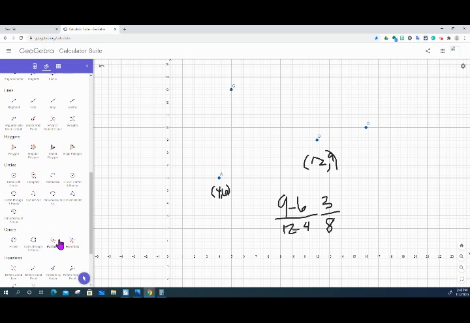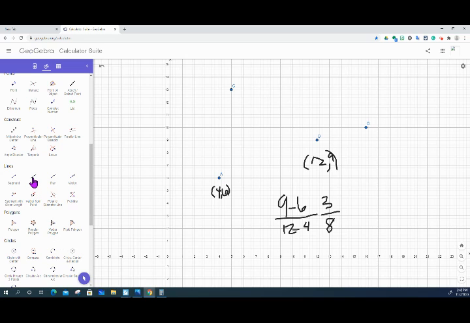Now we'll go ahead and draw that line. And if we were to extend it out this way, we would see that it's not quite there.